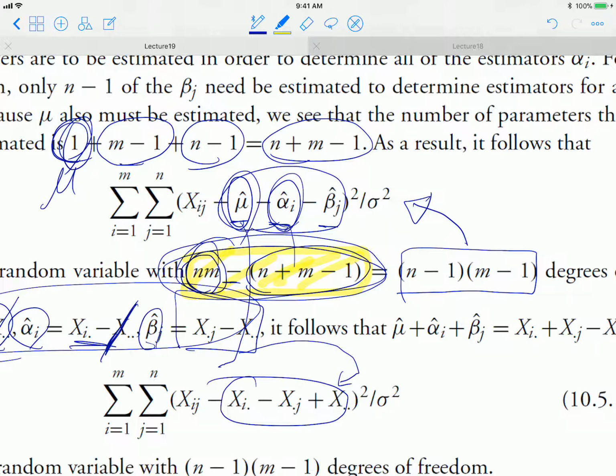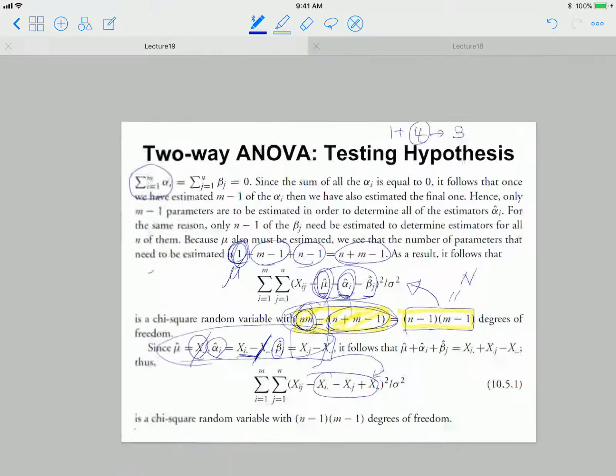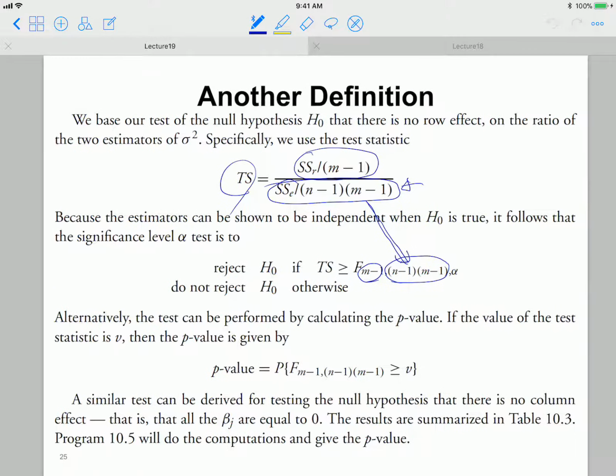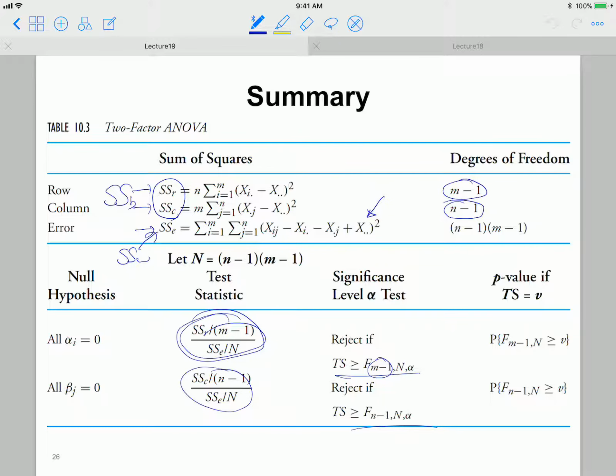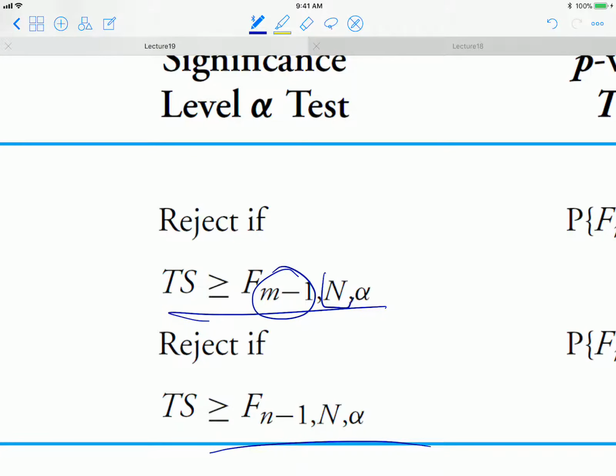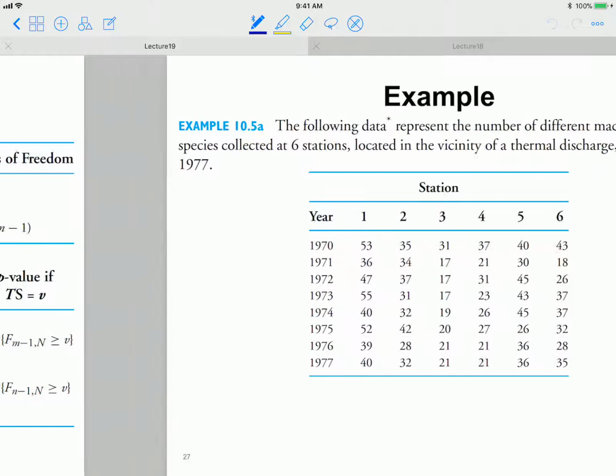And so it is represented in this manner, and then we just call it large N. Okay, so this is just a notation that we introduced here. So N is defined in this manner, and then the second degree of freedom of our F distribution is defined in this manner. Any questions so far?